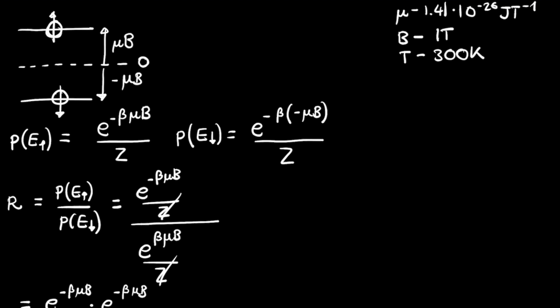So what is this R going to turn out to be? Well, R is going to be 1 minus 2. So what's beta? Well, beta is 1 over kBT. kB is, of course, 1.38 times 10 to the minus 23 joules per Kelvin.